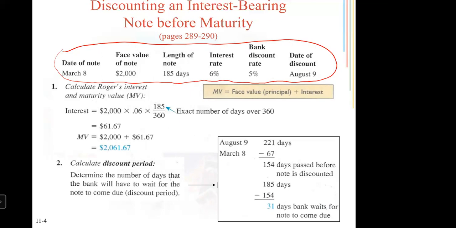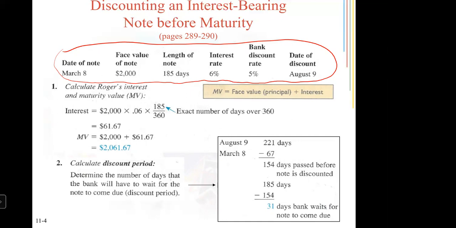Interest is principal times rate times time. So in this case, you have the face value 2,000 as your principal. The interest for the note is 6%, and the note is for 185 days. So we're using ordinary interest.